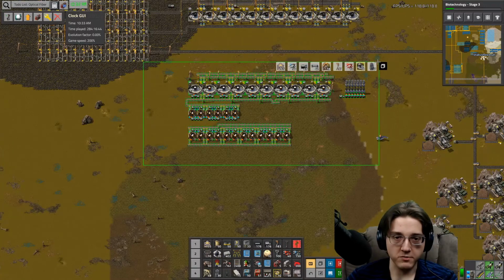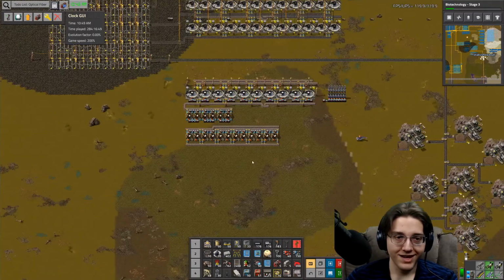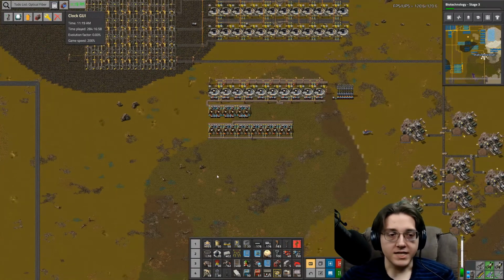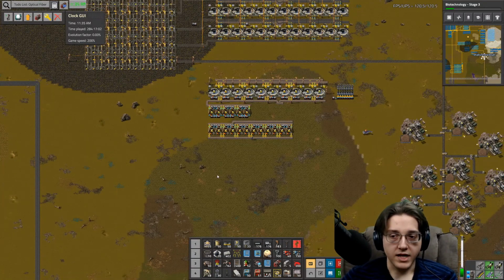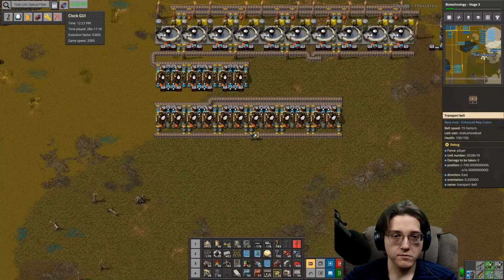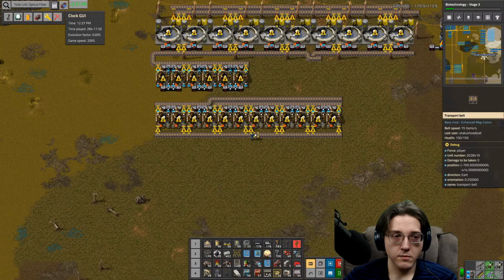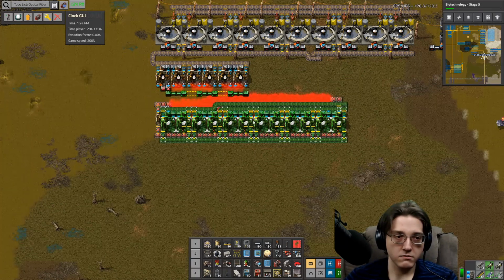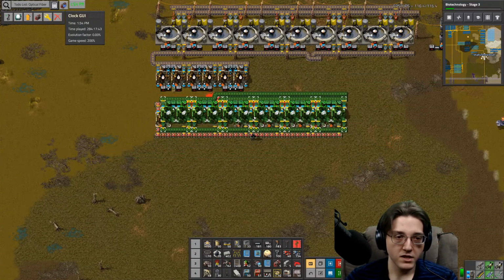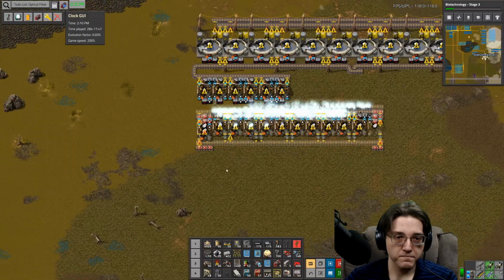Remember this gets multiplied by 4, once that's actually built and finished. So I can move this up 1 tile. Oops. That is absolute oops.